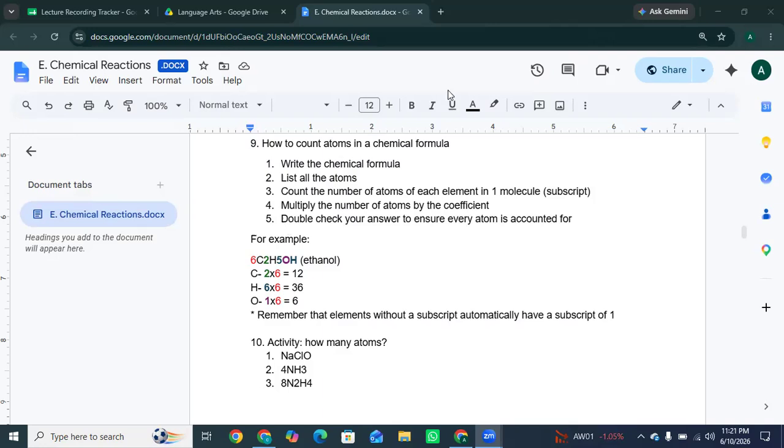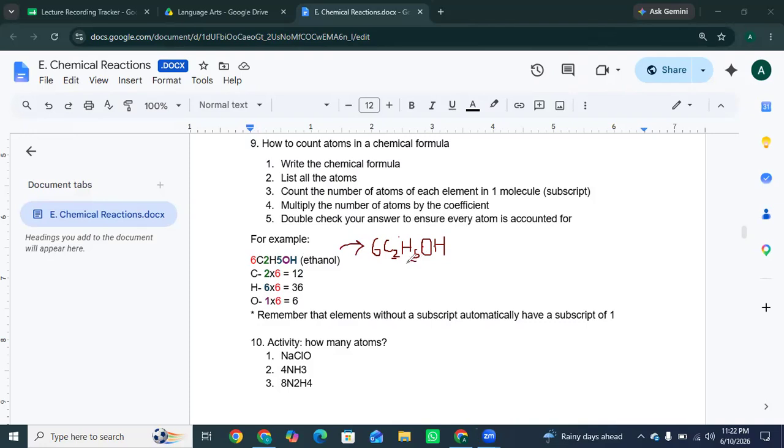Okay, so we have to do an activity, then you will understand it. So this is 6C2H5OH, which is ethanol. Okay, so the correct way is this: 6C2H5OH, where the 2 and 5 are small numbers.